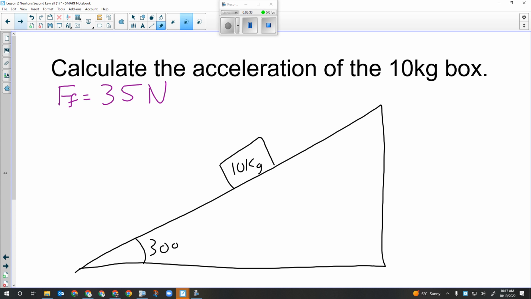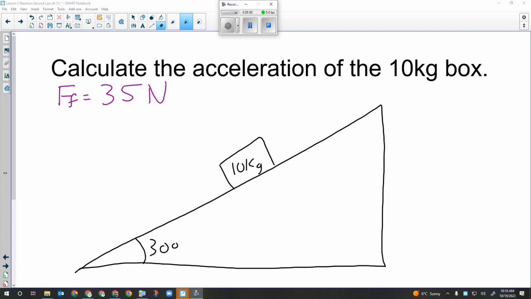So it's placed on the ramp, okay? What's it going to do? Go down. Okay. Force of friction is 35 newtons. Calculate the acceleration of the box.